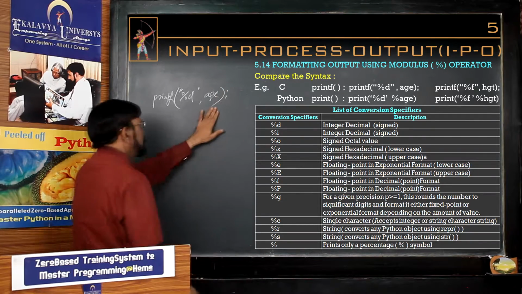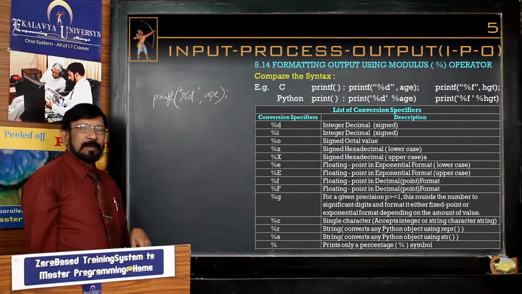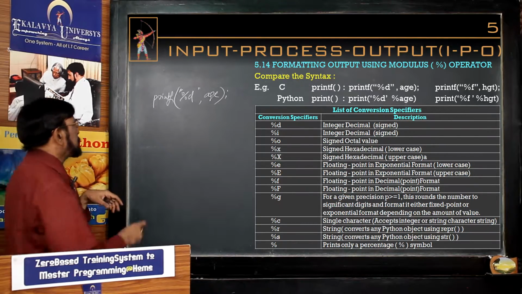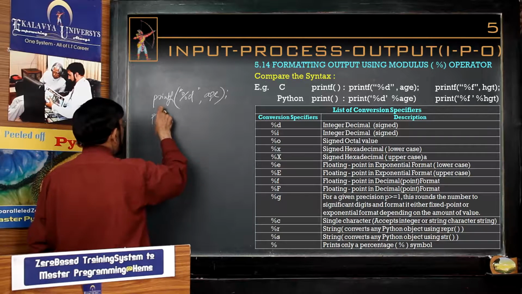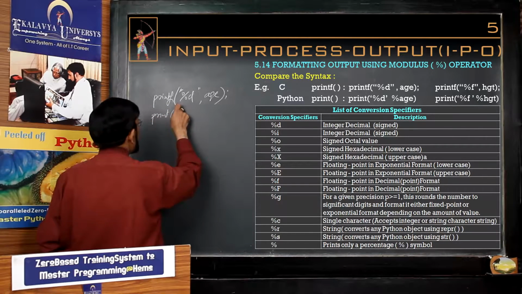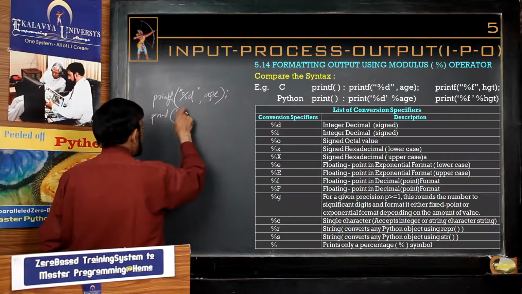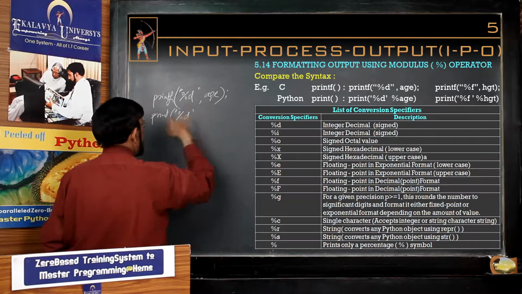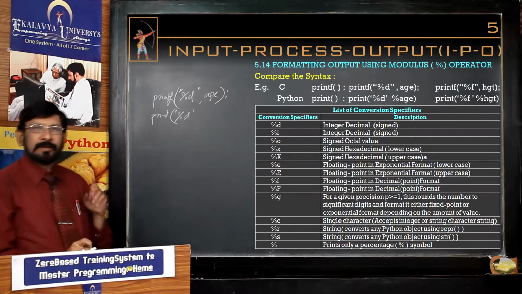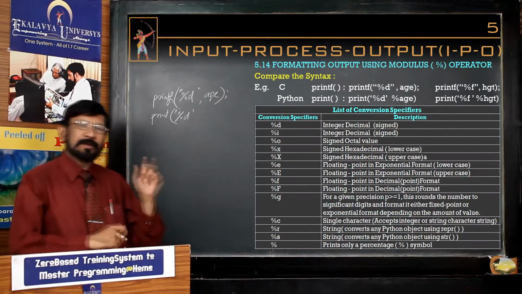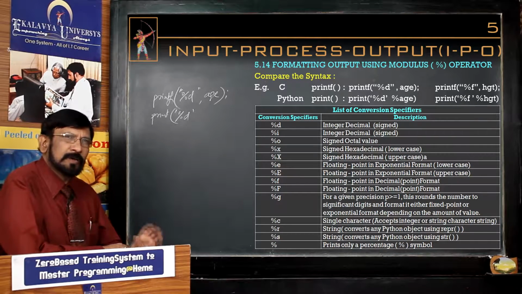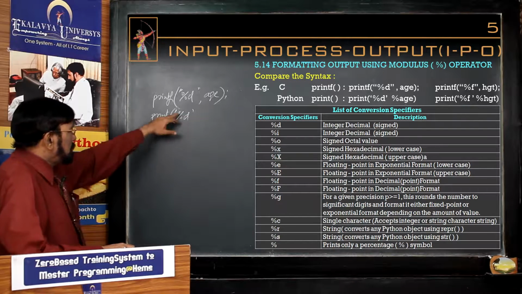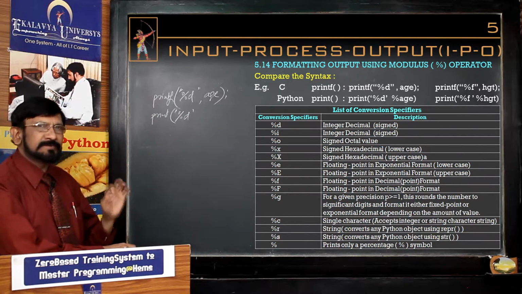This is the model of printf in C, and Python's print is also almost similar. Now you see print. Here you can use single quotes or double quotes, because in Python pairs of single quotes and pairs of double quotes are the delimiters for a string. Whatever you like you can use, but maintain consistency.